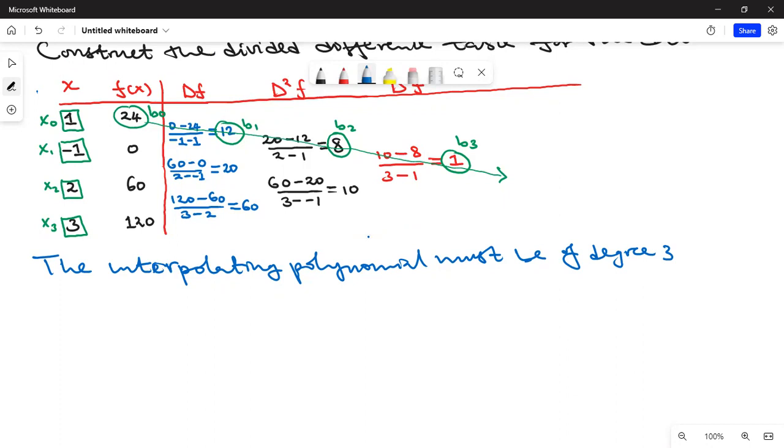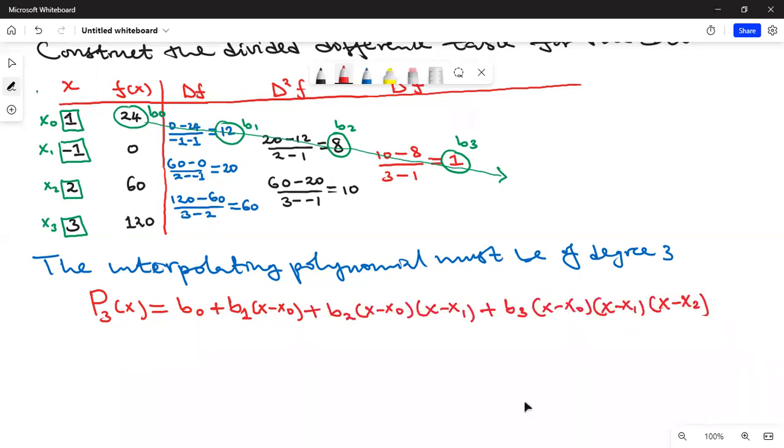So that kind of a polynomial of degree 3 is written as P3 of x is equal to B0 plus B1 times x minus x0, continue adding all the way up to B3.